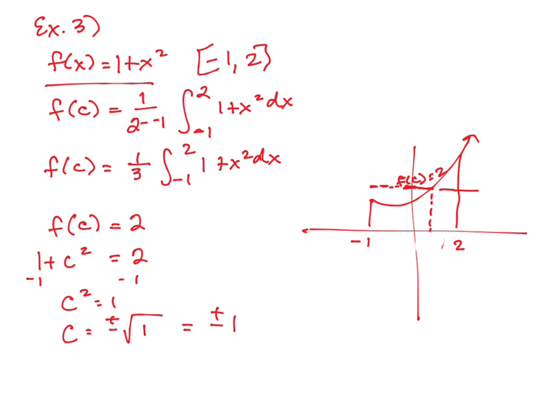Let this be c. At c equals 1, we hit that average height, which we knew to be true. So not only do we find what the average height is, which happened to be 2, but we find the x value that has that exact same output. That's the mean value theorem for the integral.